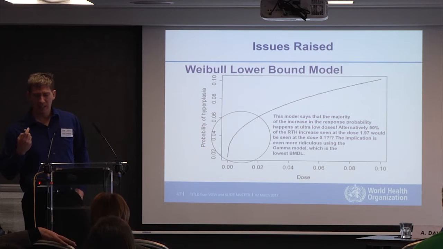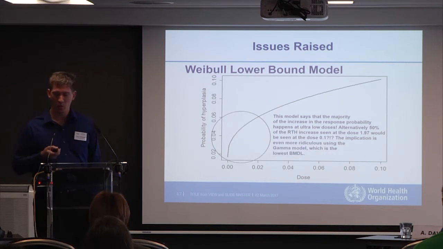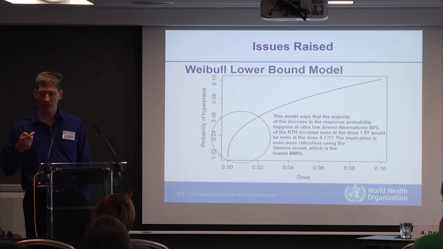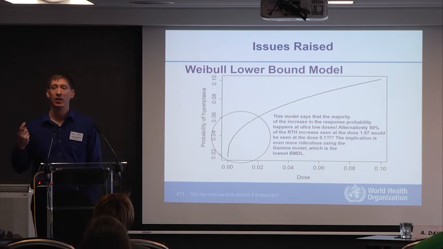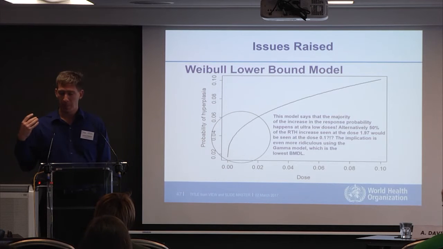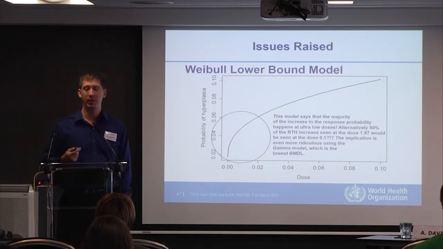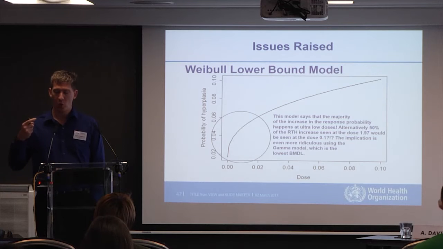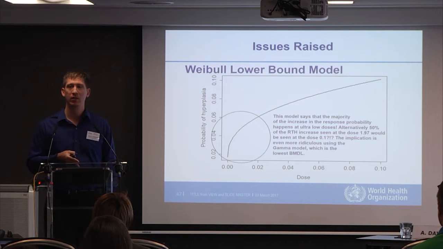So the lower bound of the Weibull model is saying the majority of the increase in probability would happen at really low doses. What we observed in the data set, about 50% of the renal tubular hyperplasia would be seen at doses of about 0.1.